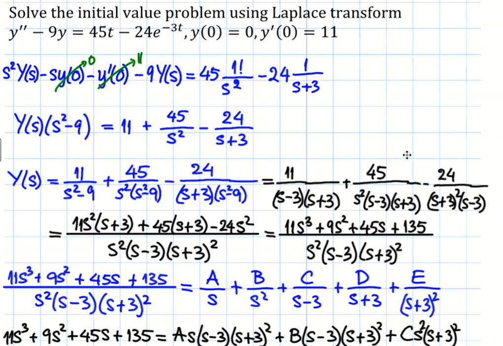So first we will divide by s squared minus 9 on both sides, and we have this. After that, we multiply the denominator out, and then combine the denominator. We should have up to this stage.